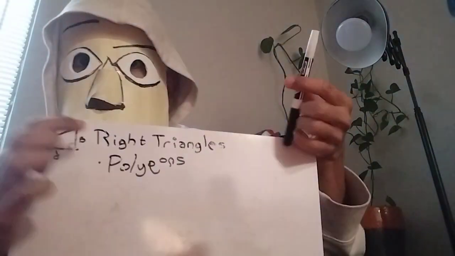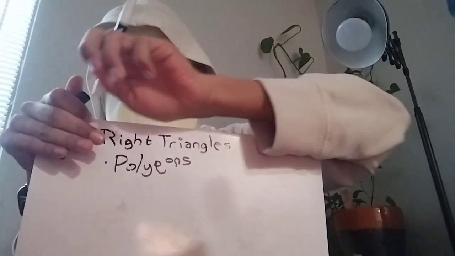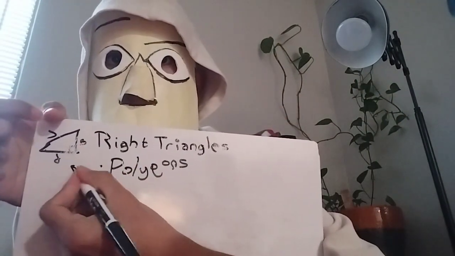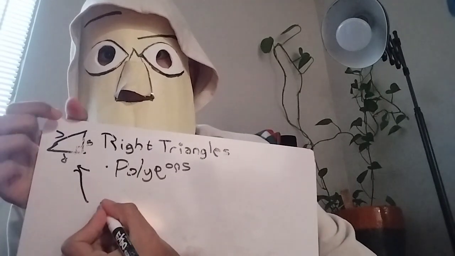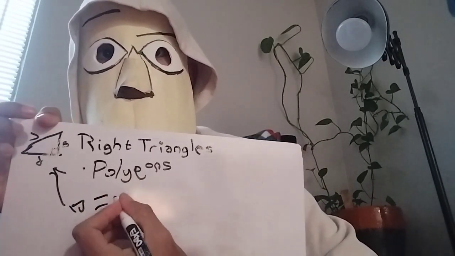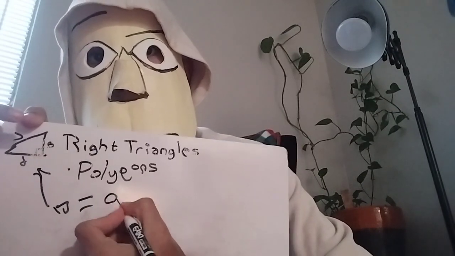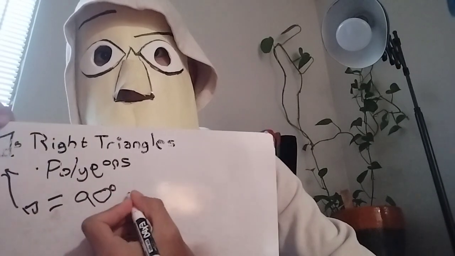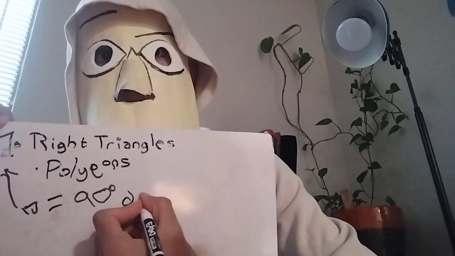This square is used to indicate that it is a right angle, which is equal to 90 degrees.